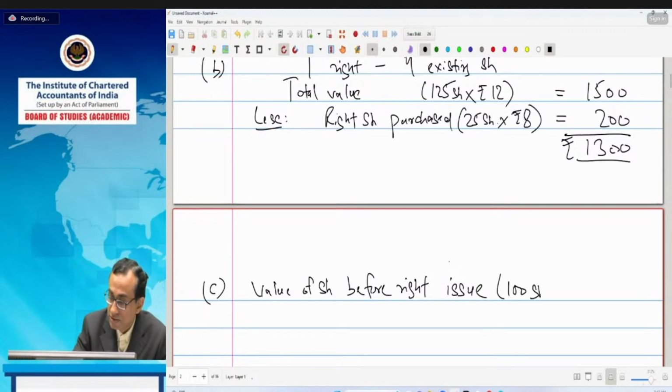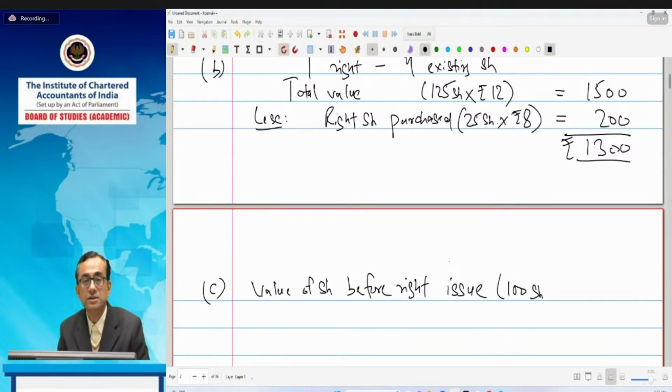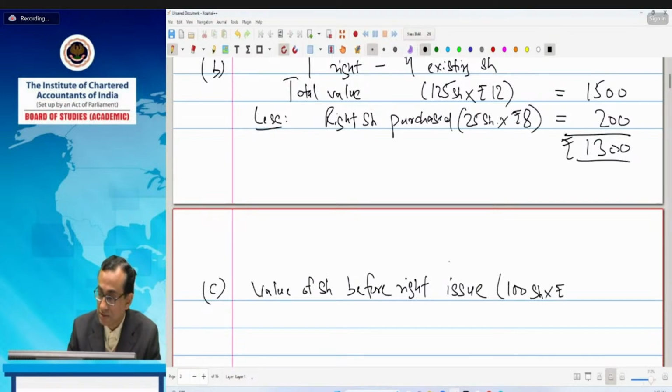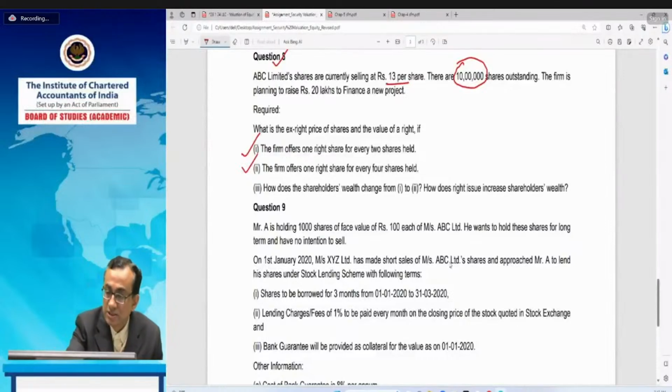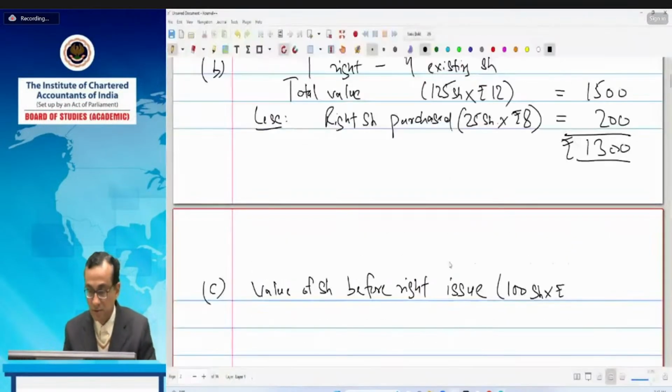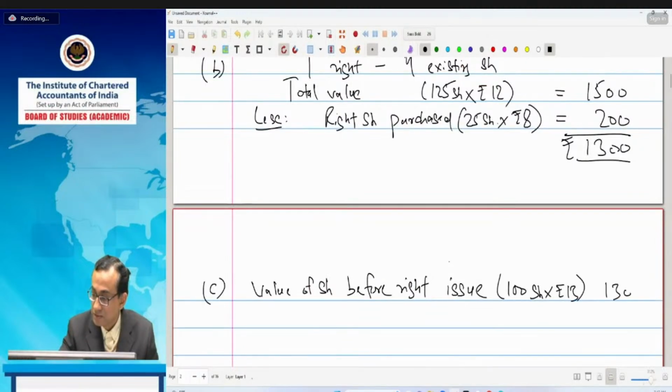We are assuming that 100 shares are held by the investor. 100 shares into rupees, what is the existing price? It is given in the question. It is rupees 13. So 100 into 13 is 1300 rupees.